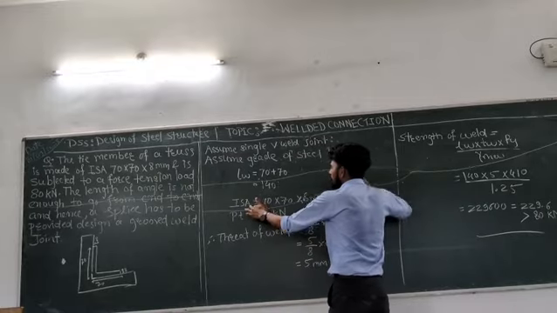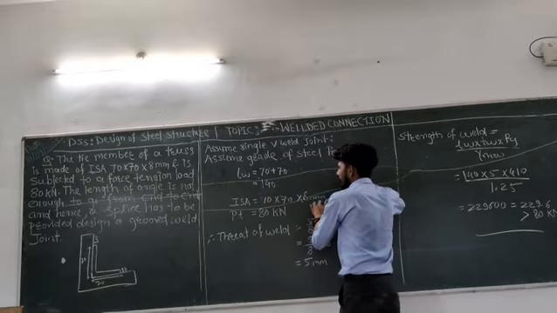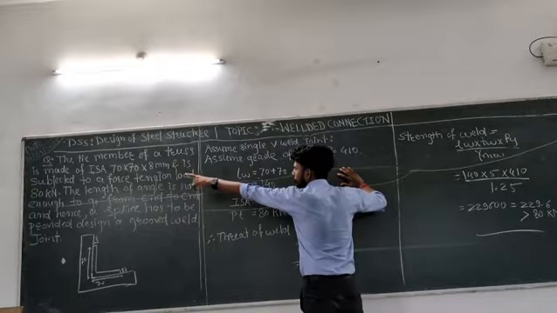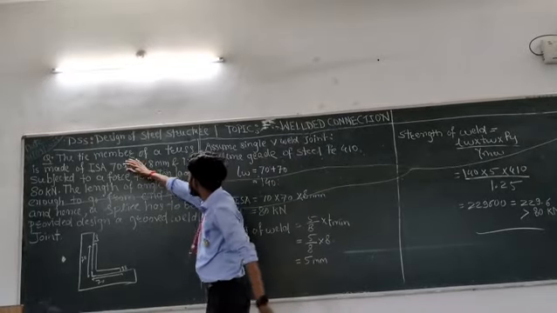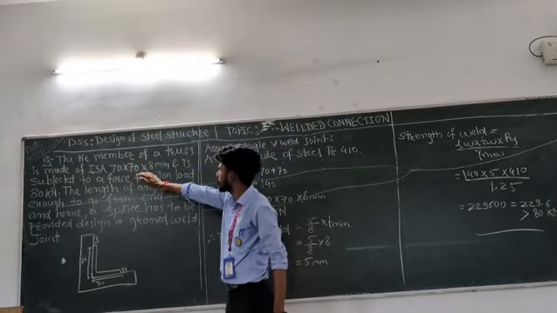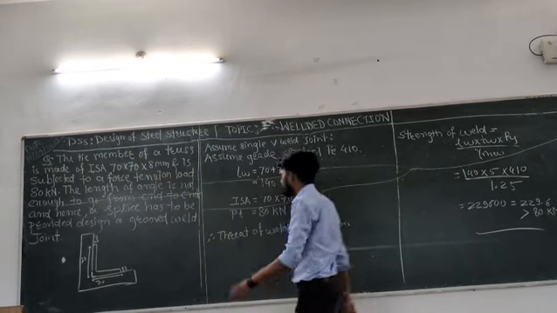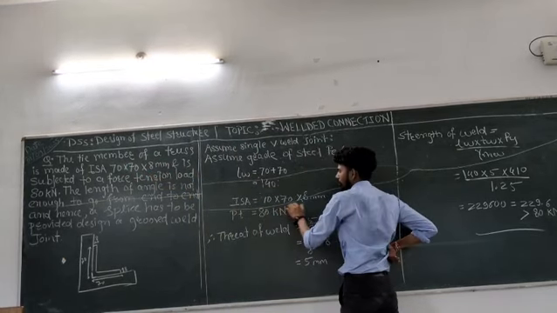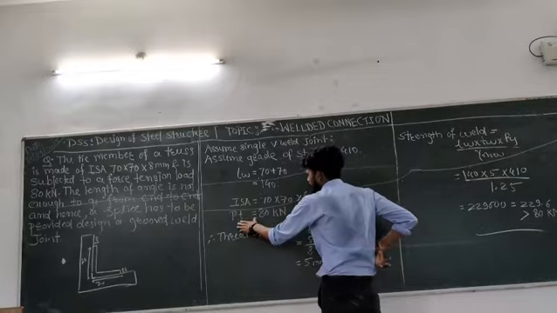The section ISA 70 x 70 x 8 mm is given in our problem, so we write it as it is.